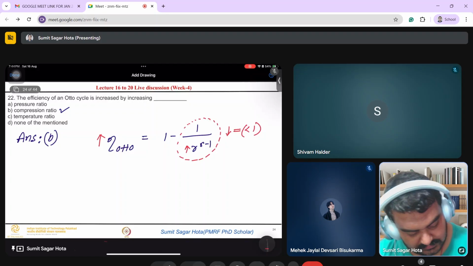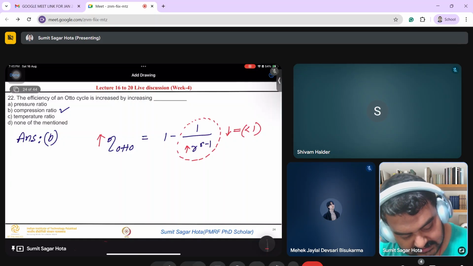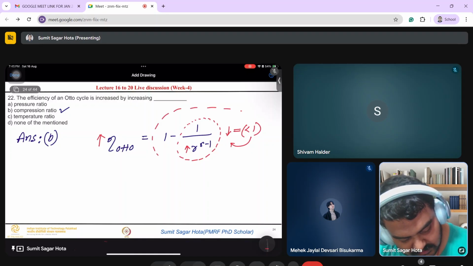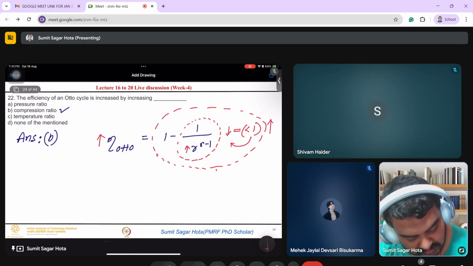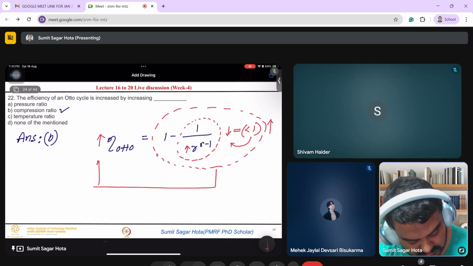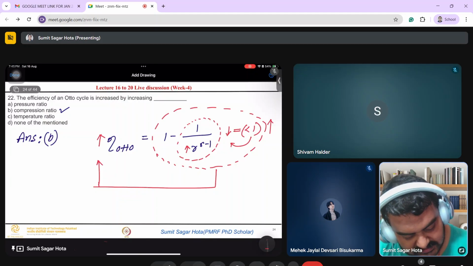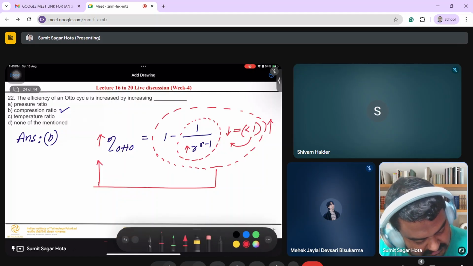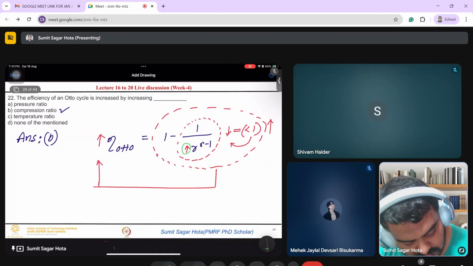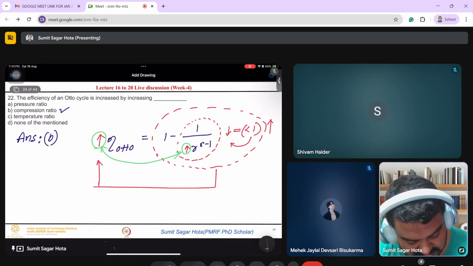If it is less than 1 and decreasing, subtracting it from 1 means the total value will increase. And that's what they are talking about. So by increasing the compression ratio, the efficiency of the Otto cycle increases. That's the relation.